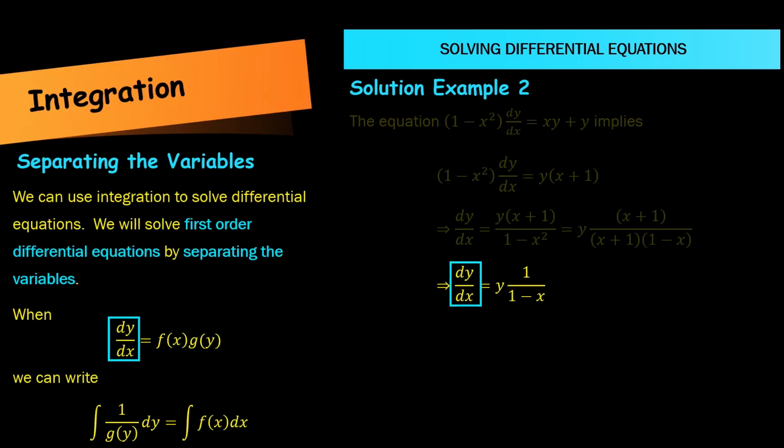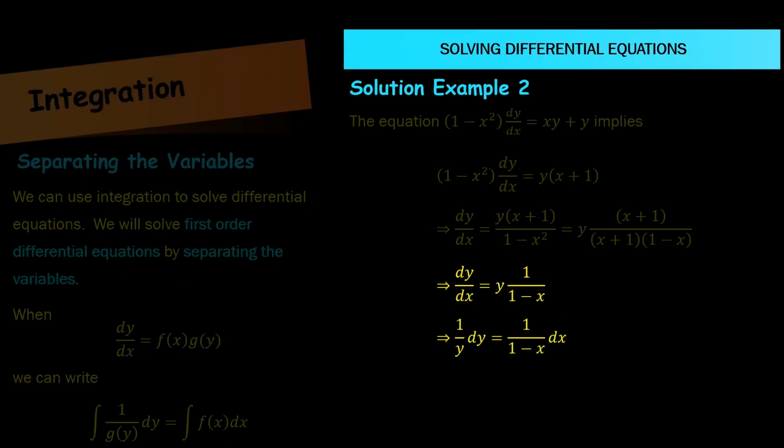And notice again, dy dx is in the form f of x times g of y. And we can use the formula or first principles to get to the same arrangement. So notice here we've divided through by y to get the y's all on one side.